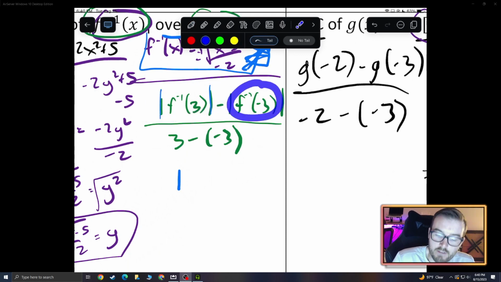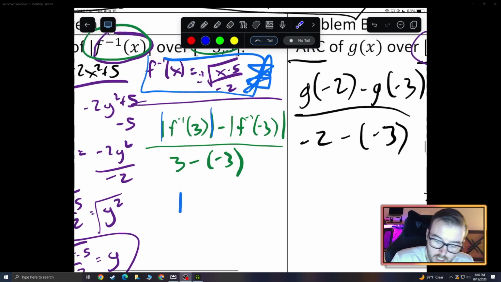F inverse of -3. Plug -3 into the inverse. -3 minus 5 is -8. Divided by -2, +4. Take the square root, and you end up with 2. Again, technically plus or minus 2, just like the other one was technically plus or minus 1.